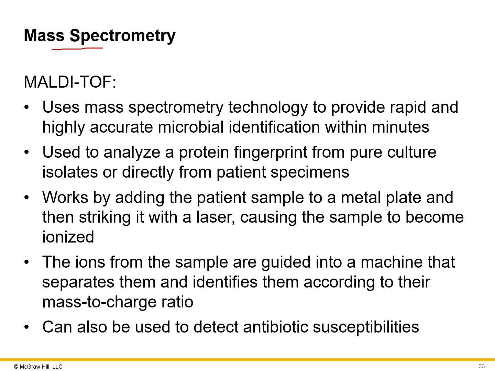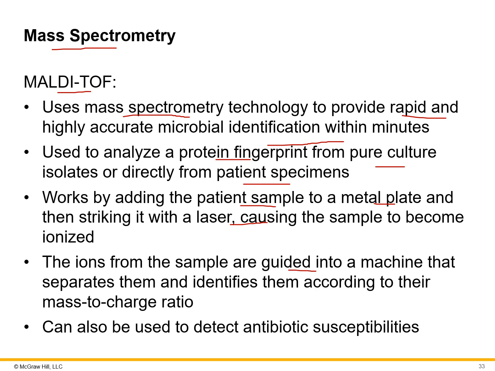And then another one here, mass spec. So MALDI-TOF uses the technique of mass spec technology to provide rapid and accurate identification within minutes. So again, like our lab on a chip, it's very quick. It analyzes the protein fingerprint. So instead of looking at DNA or RNA, we're looking at the proteins available in a pure culture or from a patient sample. So this works by taking the patient sample, adding it to a metal plate, striking it with a laser so that it becomes ionized.